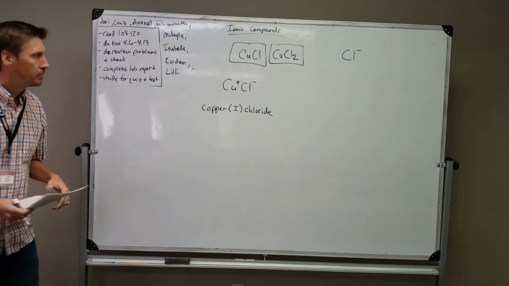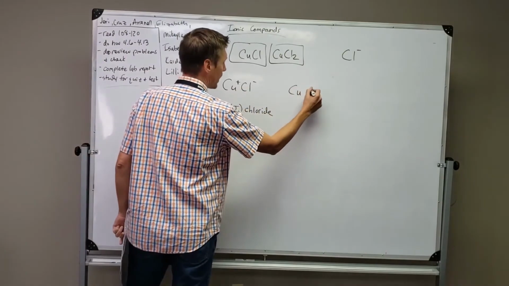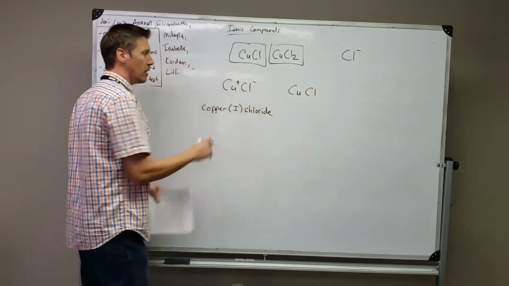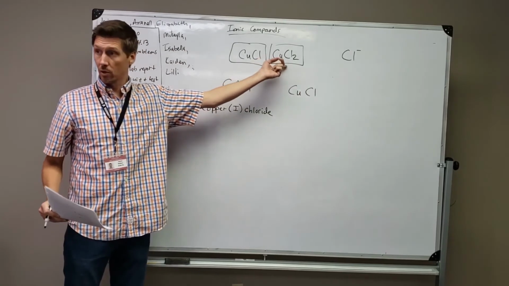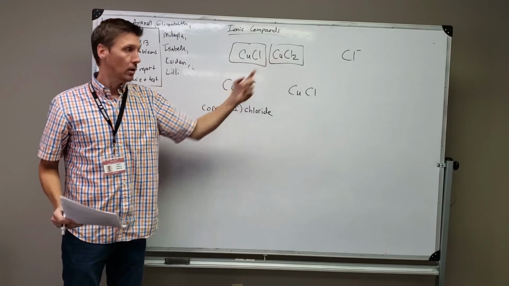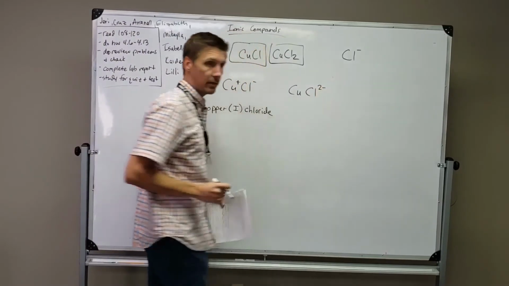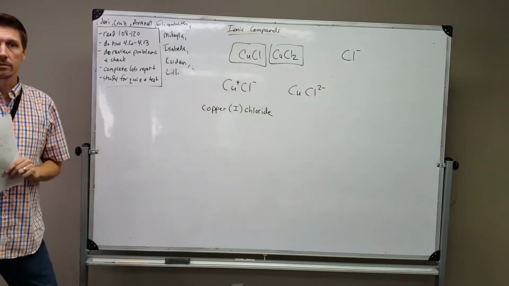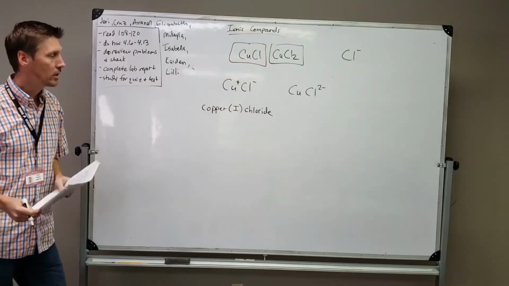All right? Now, in the case of CuCl2, because Cl all by itself carries a -1 charge, but we have two chlorine atoms, then the overall charge is going to be 2 negative, right? For the chloride ions, 2 negative.